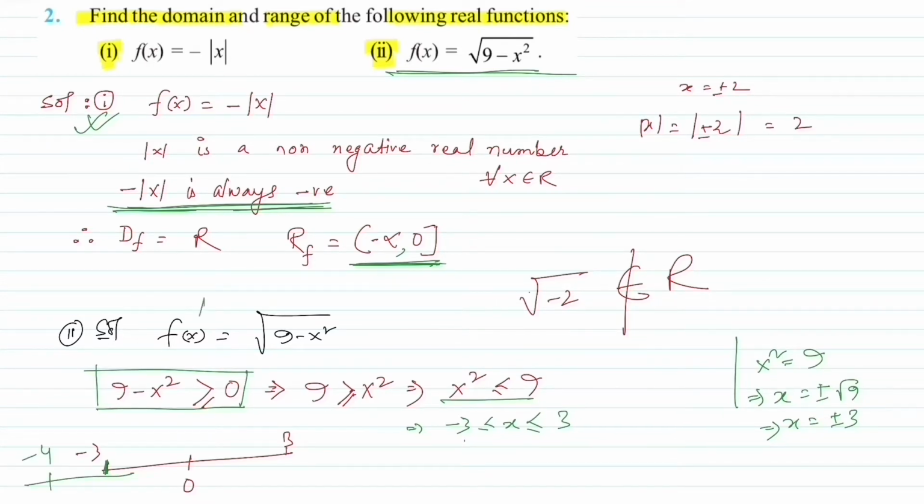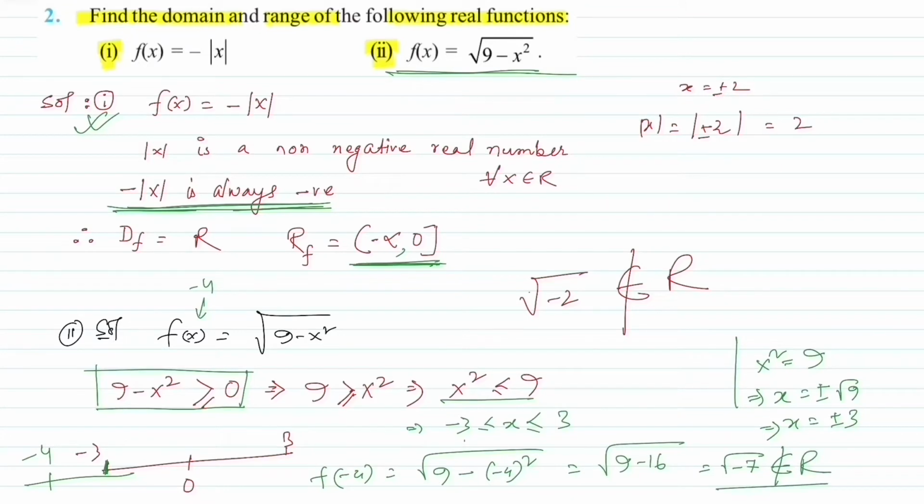If you put minus 4, then what you will get? f(-4) will be equal to root over 9 minus 4 square. That's going to be root over 9 minus 16, that is root over minus 7, which is not a real number. It doesn't belong to R. That's why it must be either greater than -3, that means it may be minus 2, minus 1, or minus 2 point something, or equal to minus 3.